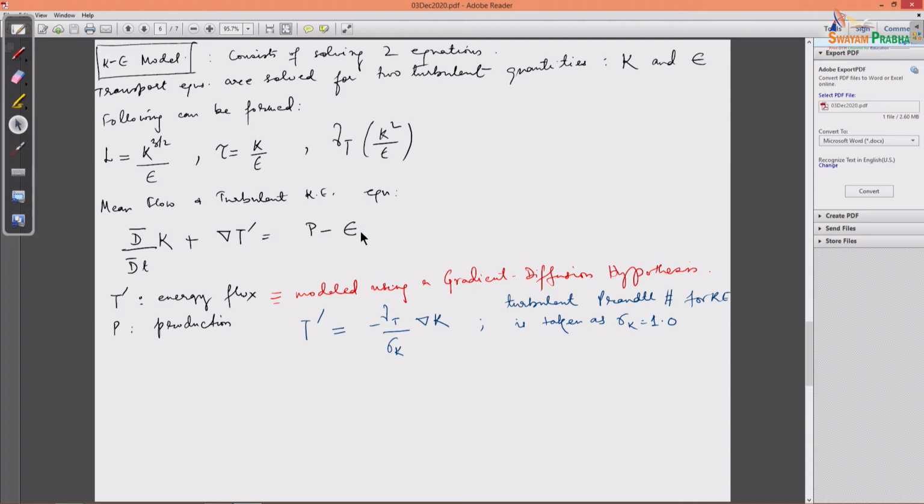So we need to speak about the other equation, because this is a model which consists of solving two equations. The mean flow and turbulent K equation is this, and we use a gradient diffusion hypothesis to model the flux, which is given here. Let me start from there.